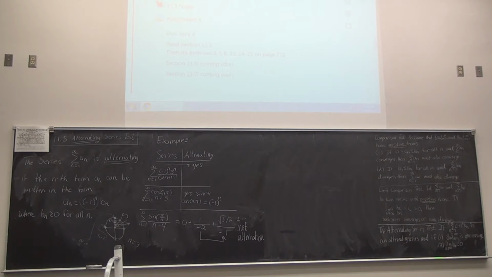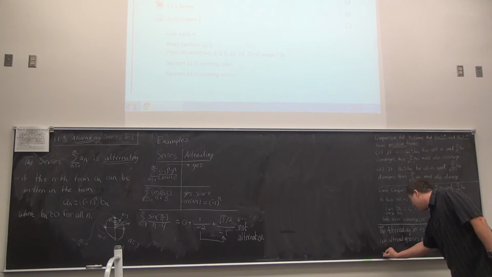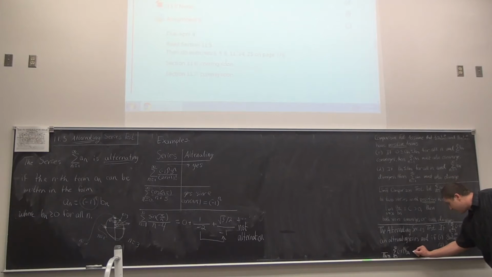Then that's all we need for convergence. In an alternating series, as soon as those 2 things hold, we have convergence, and only convergence, which is a downside to this test. All right, if conditions 1 and 2 hold, then the summation as n goes from 1 to infinity of negative 1 to the power of n, b sub n, our alternating series, converges. So that's the entire test.